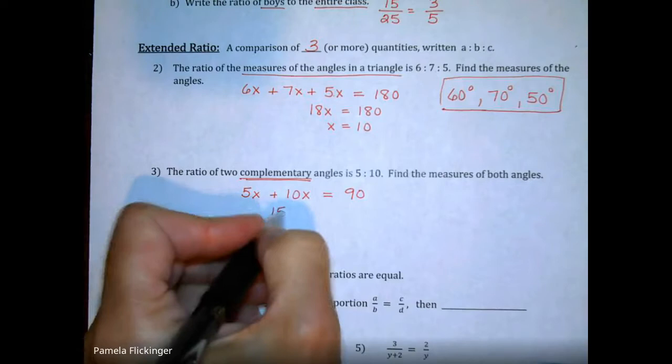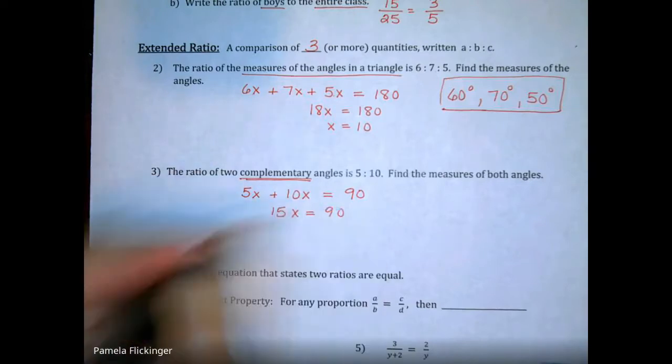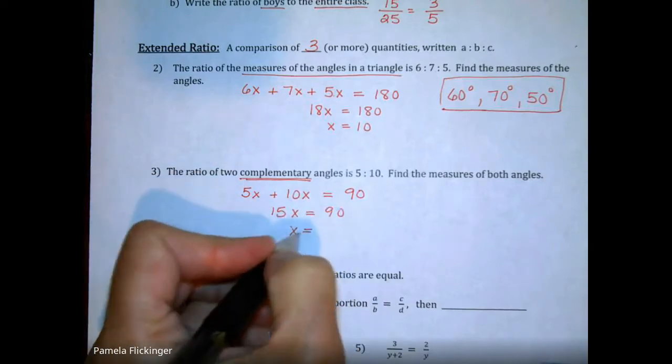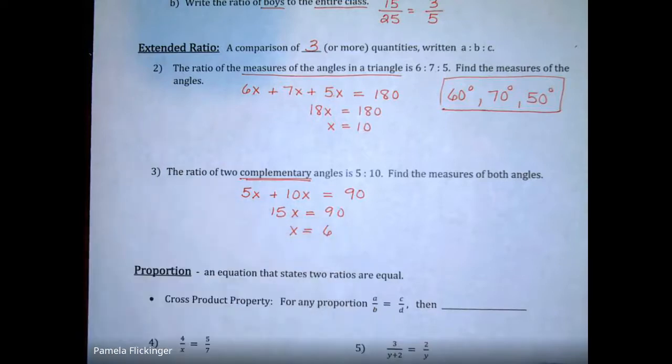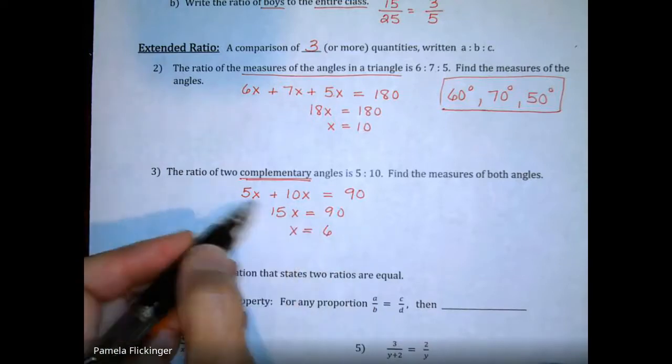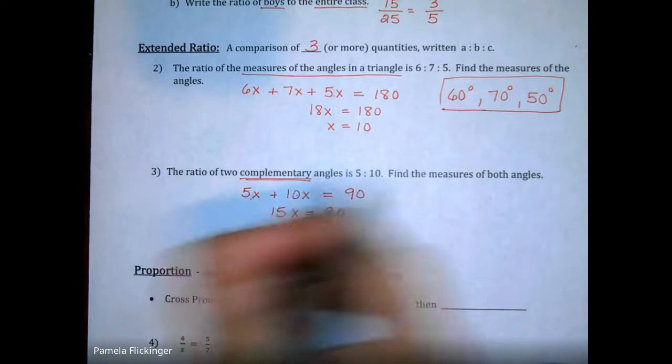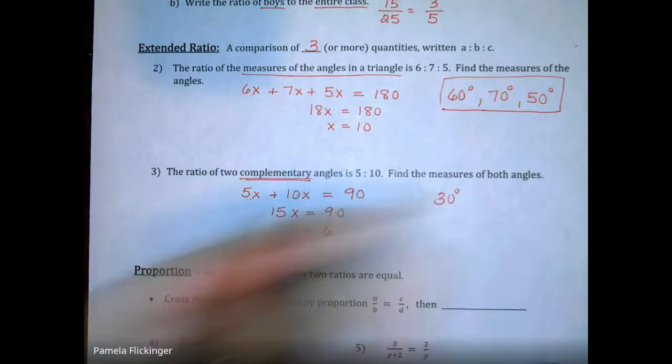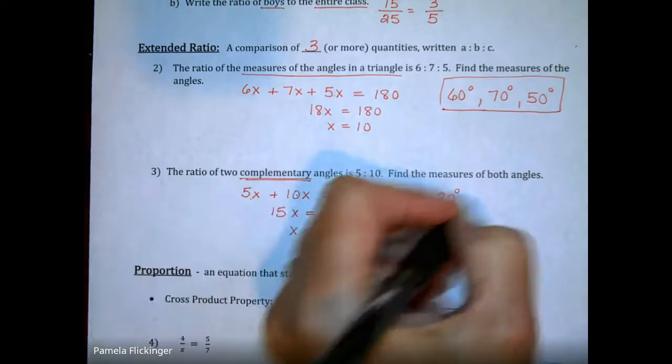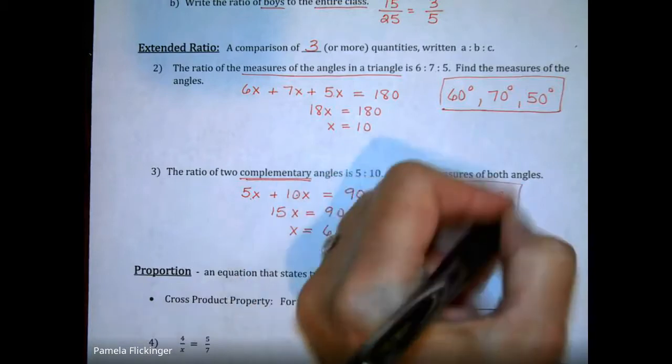So I've got 15x equals 90, divide by 15, x is 6, substitute those back in. One of our measures is 30 degrees, 6 times 5, and the other will be 60 degrees.